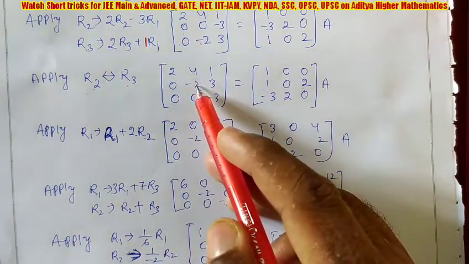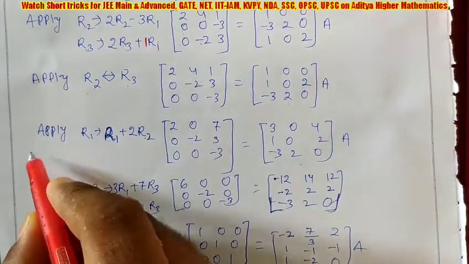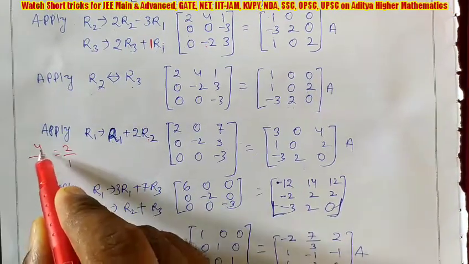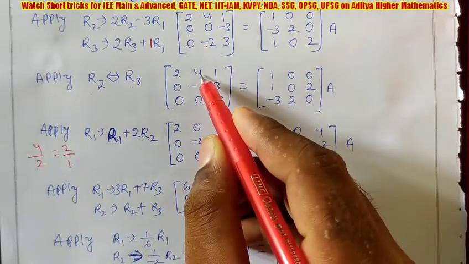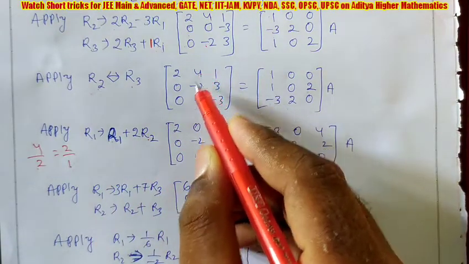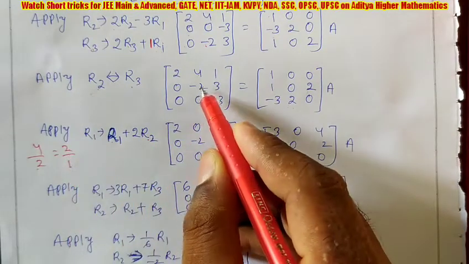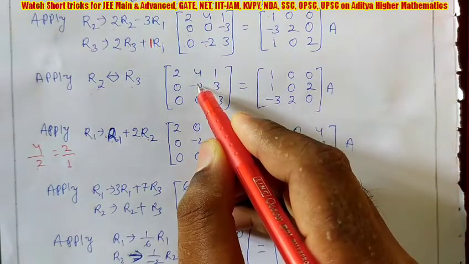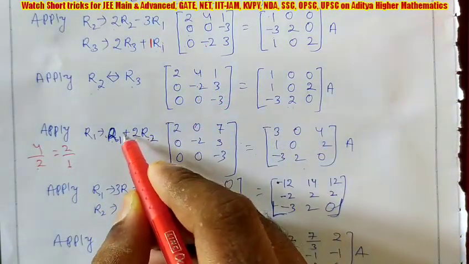Actually 4 and 2, I told if both numbers are dividing itself, you have to find its ratio. So what is the ratio of 4 to 2? It's 2, 1. So instead of 4, I will use 2. Instead of 2, I will use 1. So 4 in R1, so you have to use in R2. That means in R2 I am writing 2, because its ratio we are getting 2. And 2 in R2 you have to write in R1, that is 1. And both have opposite sign, so that it is plus.